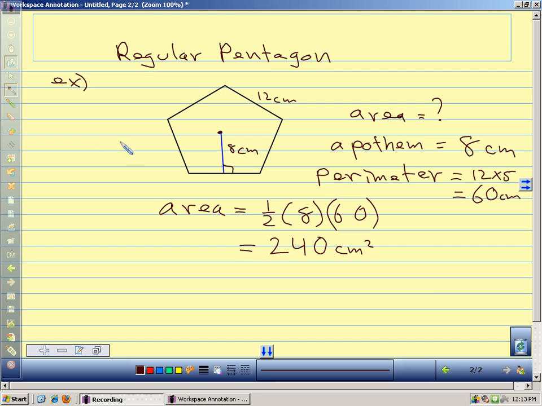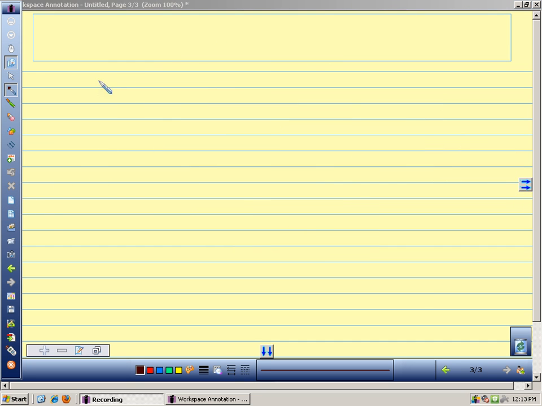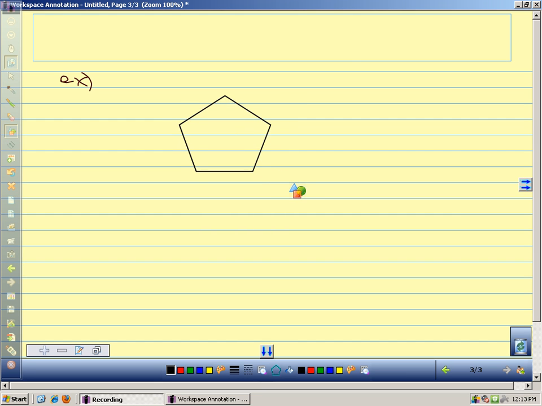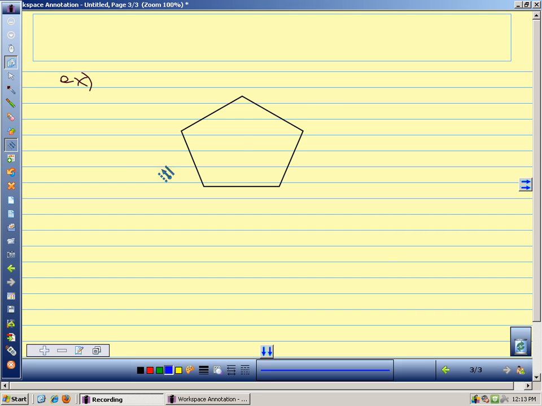All right, let's look at one where we have the radius rather than the apothem and see what we have to do with that. So here's our shape. Let's draw in that length.